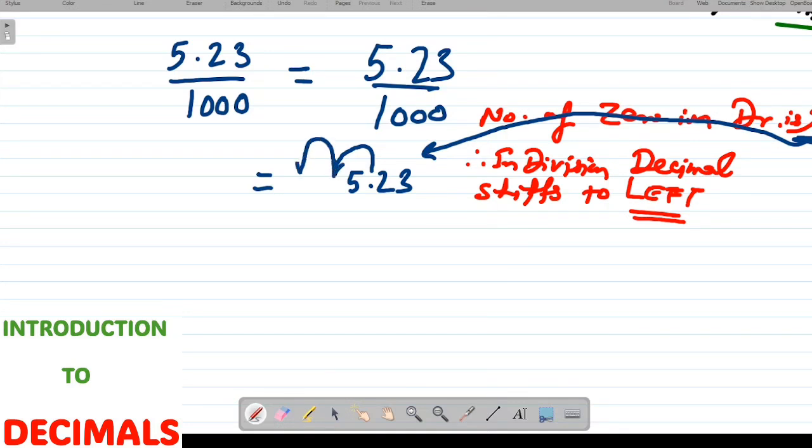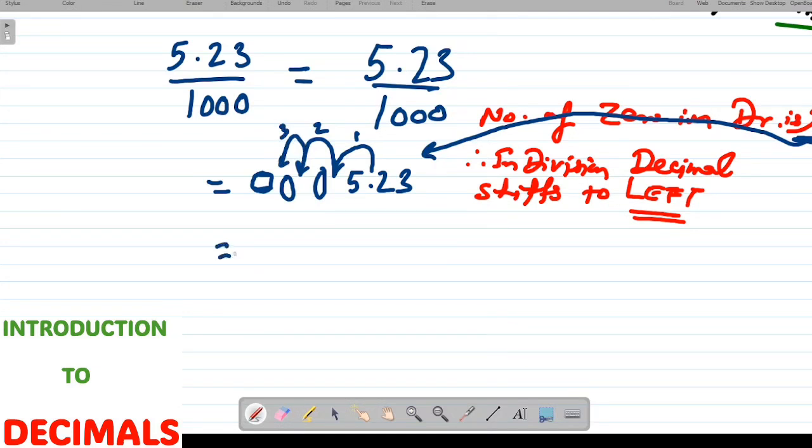After that it will take another jump. No number is there, so put a 0. And when no number is there, put another 0 and another 0, right? How many jumps? From here to here, 1 jump. This is 2 jumps, and from here to here this is 3 jumps.